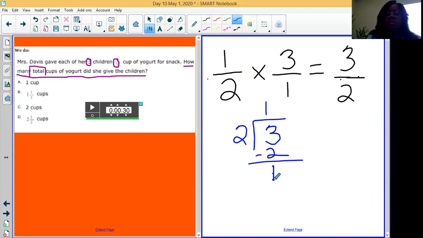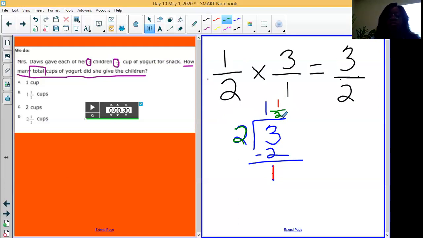I still have 1 left over, so I'm going to take this 1, and this 1 will become my numerator for my fraction right here. This 2 as my divisor will become my denominator. So my answer is 1 and 1/2. 3/2 is the same as 1 and 1/2.